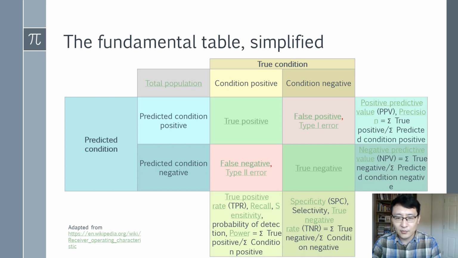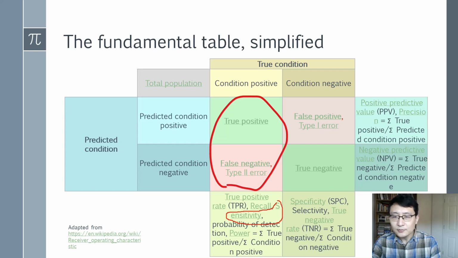Here we see the sensitivity, right? This sensitivity is also called the true positive rate. It is the number of true positives divided by the number of condition positives. So this true positive rate is the number in this cell over the sum of these two cells, right?